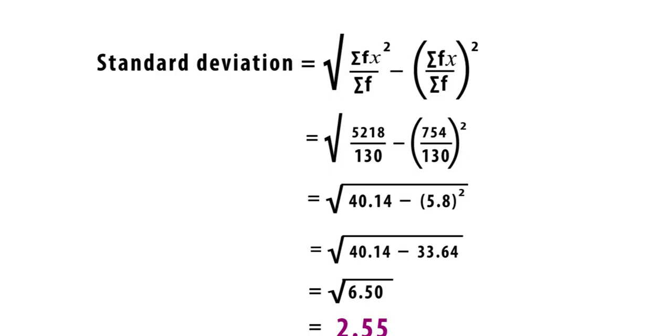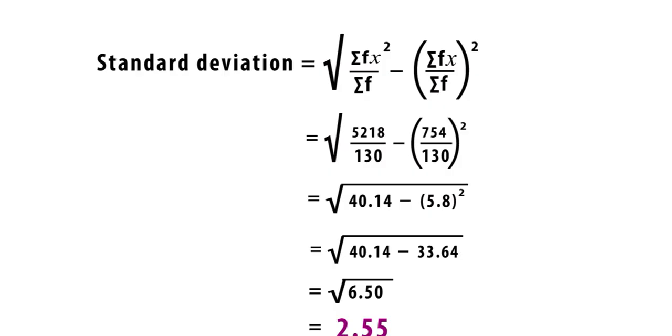Substituting, we have the square root of 5218 over 130 minus 754 over 130 all squared, which gives us the square root of 40.14 minus 5.8 squared. Simplifying, we have the square root of 40.14 minus 33.64, which gives us the square root of 6.50, which is equal to 2.55. Thank you very much, David.